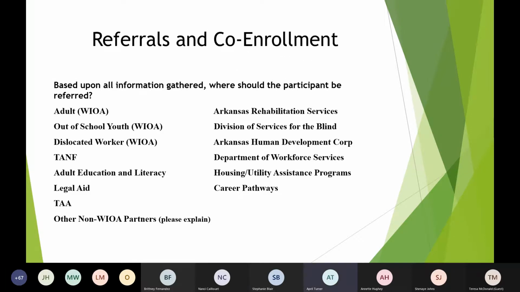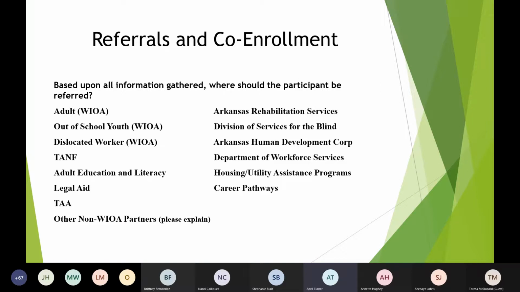Referrals and co-enrollment. Based on what you're given in your application and your assessments and your IEPs and ISSs and your discussion with the participant, do they need any referrals or any guidance from another partner, another entity, besides us enrolling them as a WIOA Title I participant?